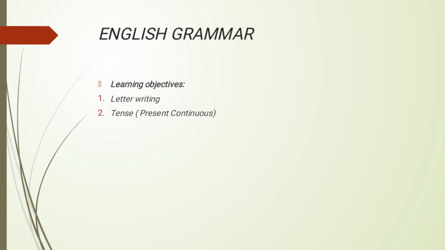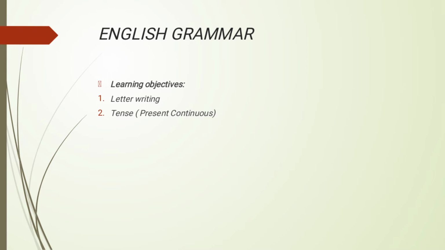There are two basic types of letters: formal letters and informal letters. A formal letter is written for official purposes to authorities or seniors, like a letter to the principal of your school or a letter to the editor of a newspaper, etc. An informal letter is written to a friend, family members, or an acquaintance.